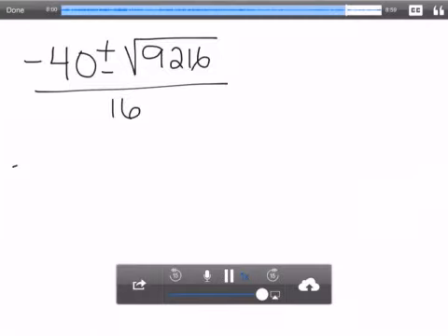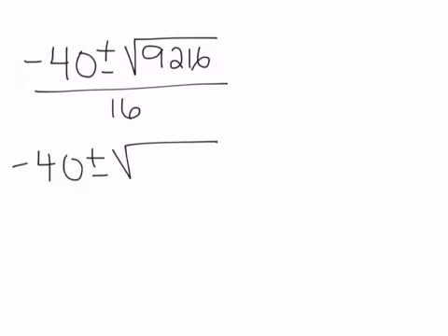Alright, so let's find our two roots. This one actually comes out very nicely because the square root of 9,216 comes out evenly. It comes out as 96, and we have 16 on the bottom still. So we have two roots.